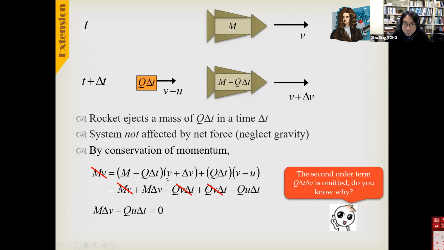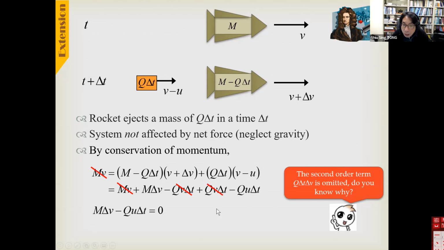So I just expand all these brackets. The first term is mv. The second term is m delta v. The third term is minus qv delta t. The fourth term is minus q delta t delta v. This term I've ignored, the term with 2 deltas. And for the second term, I now have qv delta t as the first term, and minus qu delta t as the second term.